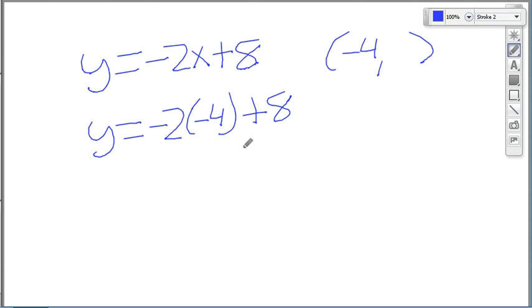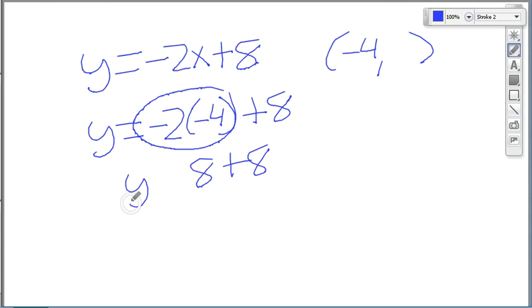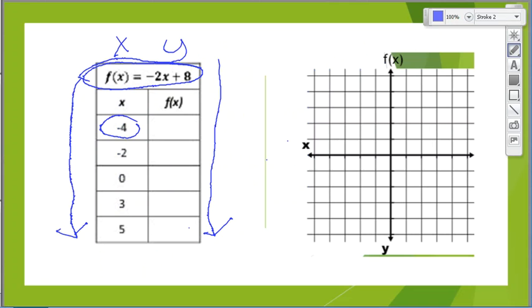Now you guys, this is the place where you need to use your calculators. Okay, do not do this without a calculator. So let's multiply first. Negative 2 times negative 4 is positive 8. Positive 8 plus positive 8 is 16. So when we let the x be negative 4, the y is 16.